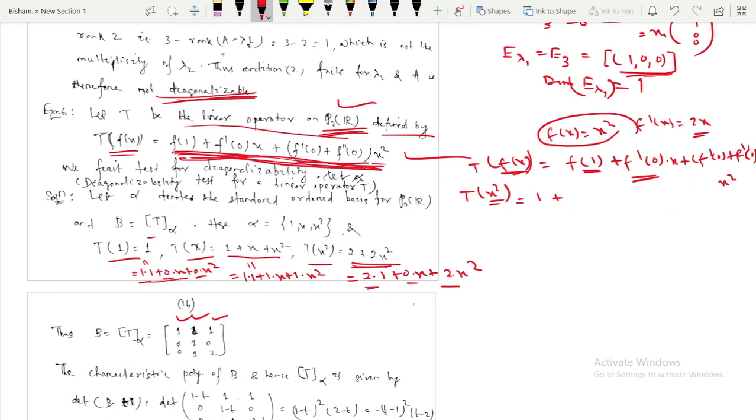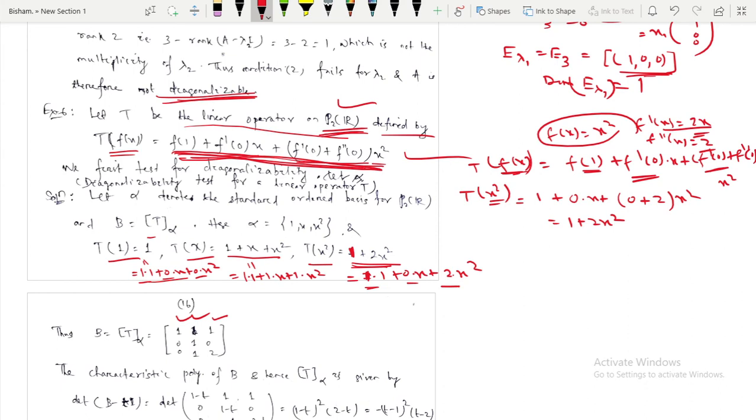Similarly f'(0) is 0, and f''(0): if f'(x) is 2x, f''(x) is 2, so in place of f''(0) this will be 2 into x square. So this is 1 plus 2x square, that is 1 into 1, 0 into x plus 2 into x square. That means the coefficients are 1, 0, 2.